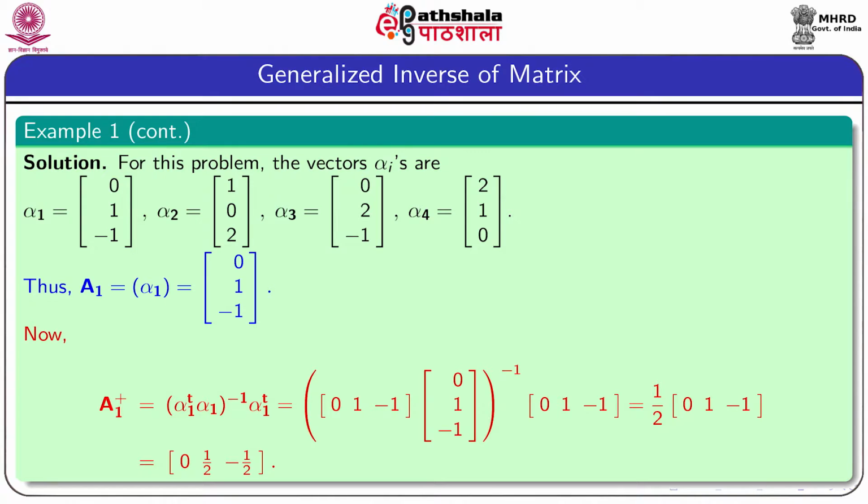After simplification the matrix A1 plus becomes half into 0, 1, minus 1. So 0, half, minus half is the first g-inverse of the submatrix A1.